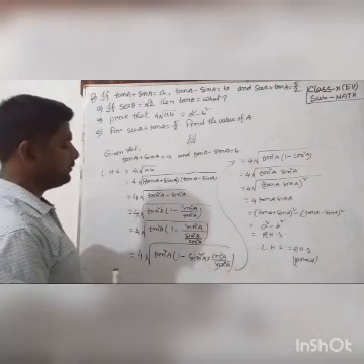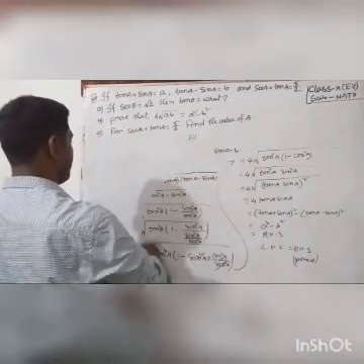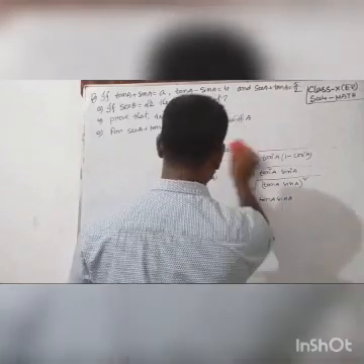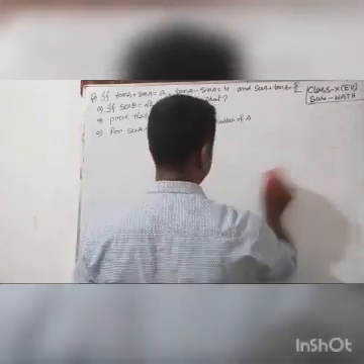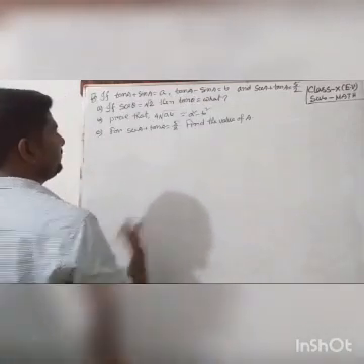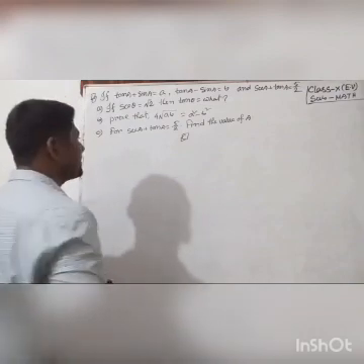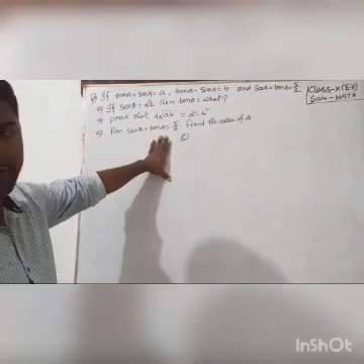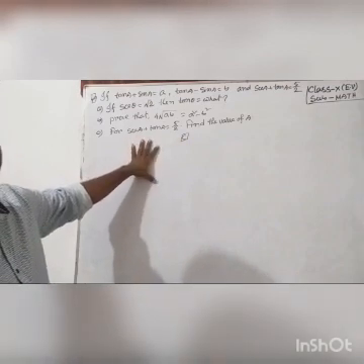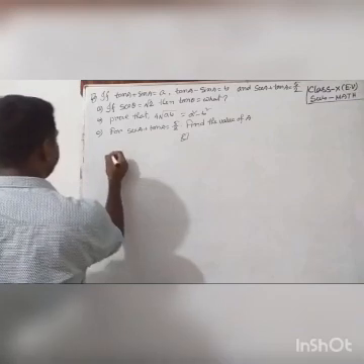Okay, number C. For sec a plus tan a equal 5 by 2, find the value of a.